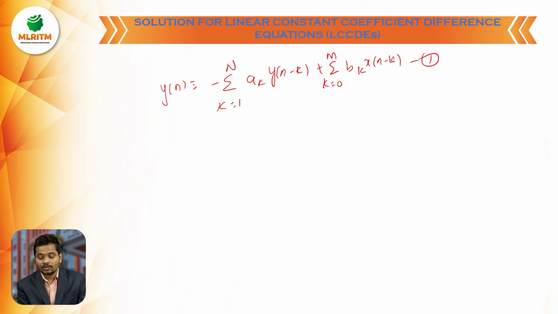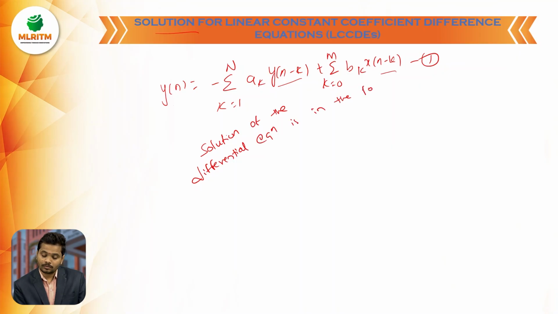Already I have explained what y of n, y of n minus k, and x of n minus k are. So for this we have to find the solution. For this type of signals, the solution of the difference equation is in the form y of n equals yh of n plus yp of n.